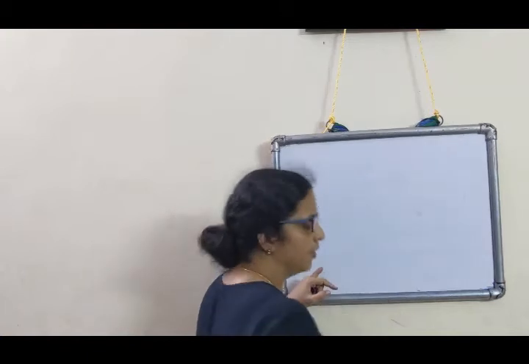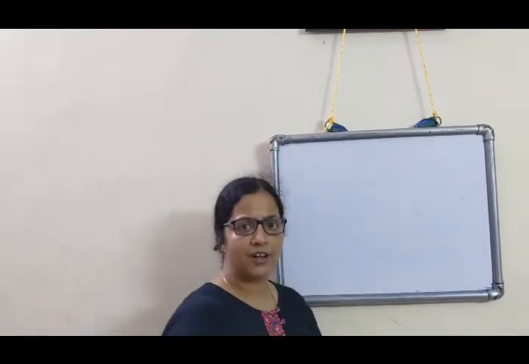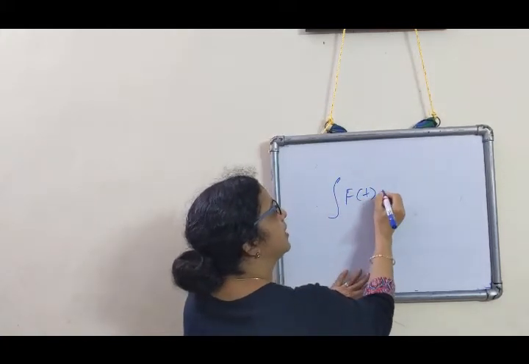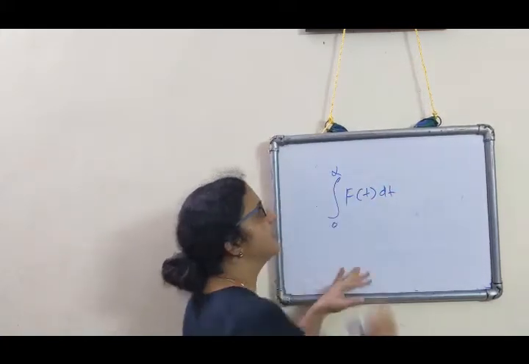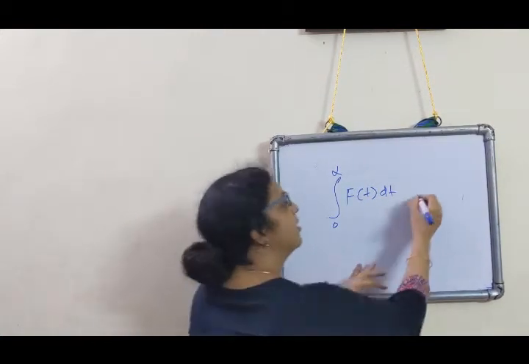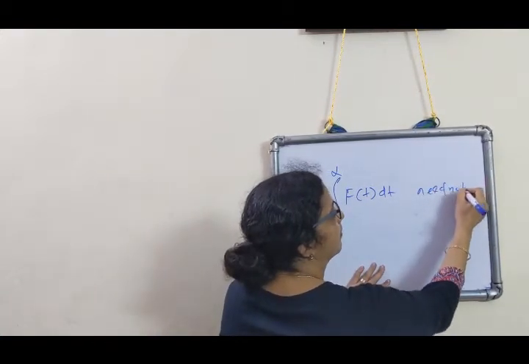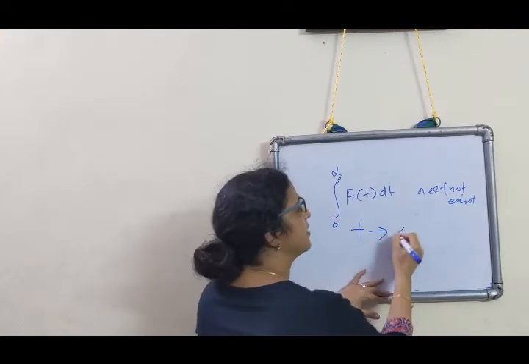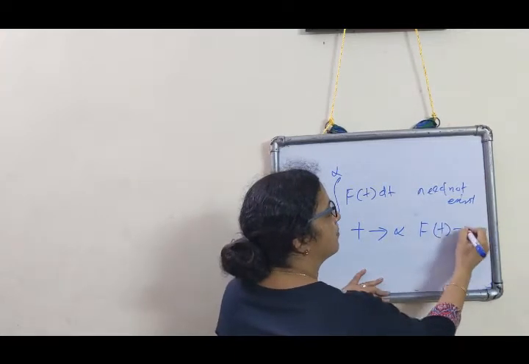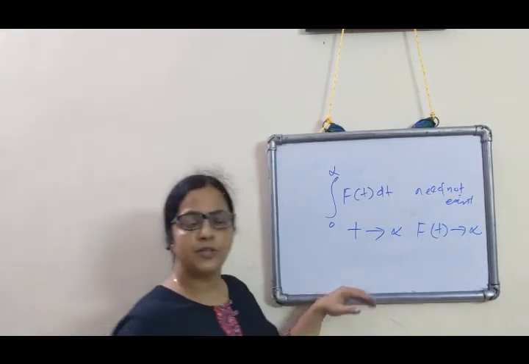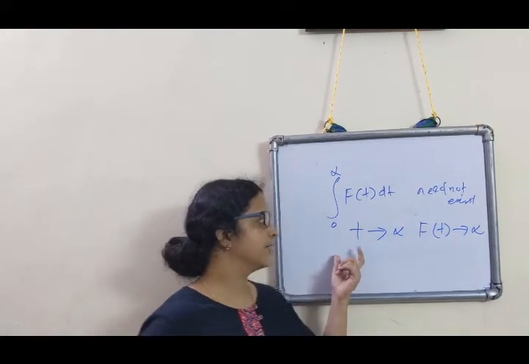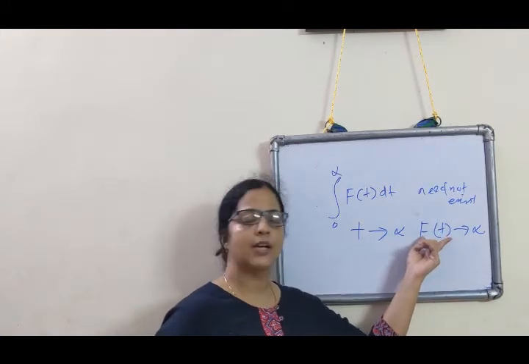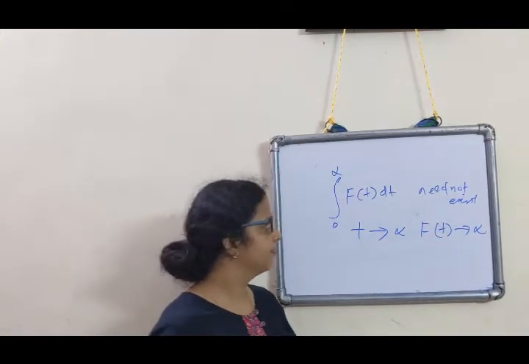Now, in order to get the Laplace transform of a function, the infinite integral of the function f of t dt, integral 0 to infinity f of t dt, need not exist, or as t tends to infinity, f of t tends to infinity. Some certain functions are of this form, and for these we cannot find the Laplace transform.